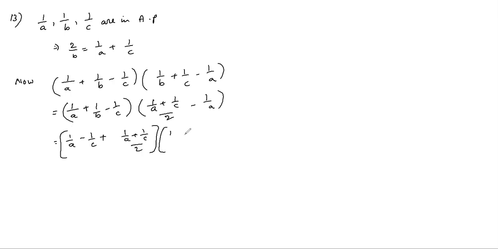This is 1 by A plus 1 by 2A plus 1 by 2C minus 1 by A. Similarly, this one 2 by A plus 1 by A, 3 by A minus 2 by C plus 1 by C, so minus 1 by C. 3 by 2A minus 1 by 2C into 1 by 2A is 2 minus 1 by A minus 1 by 2 minus 1 by 2A.